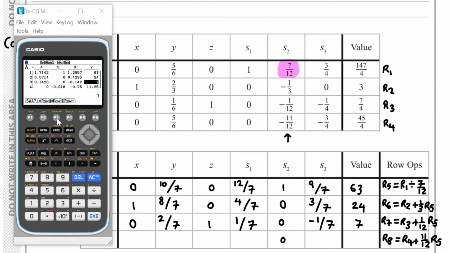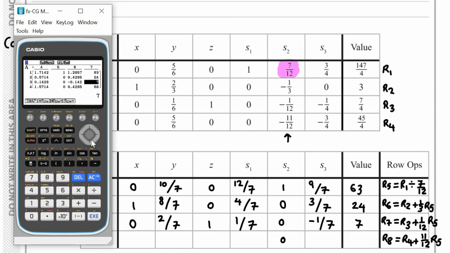We will apply row operations again, so click F3. We will multiply 11 over 12 by the first row here, which corresponds to row 5, and we will apply this to the fourth row over here.